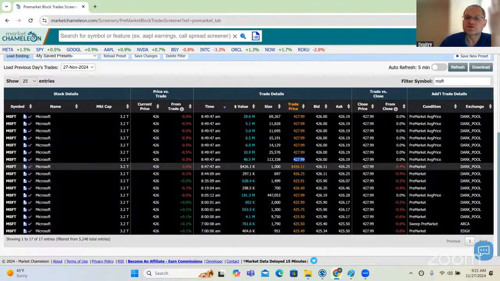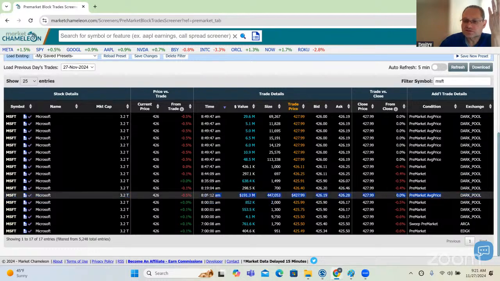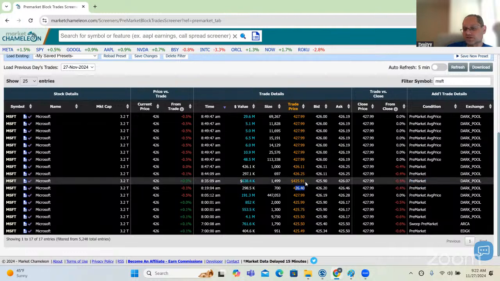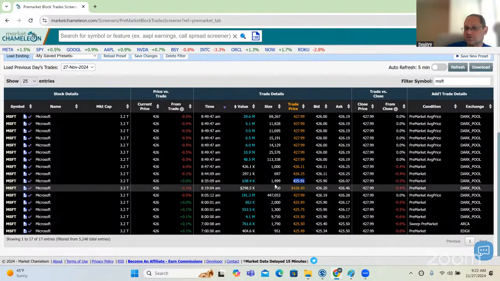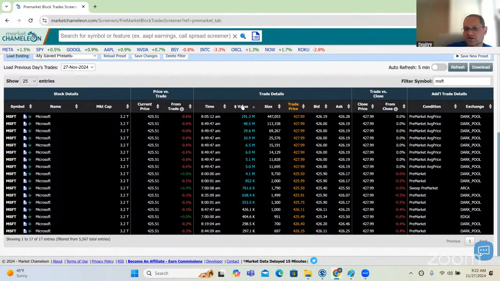We see another one here with an average price. These are average price trades. This is something different, and I'm not going to go too much into it. But if we look at the pre-market, we can even sort it by value.